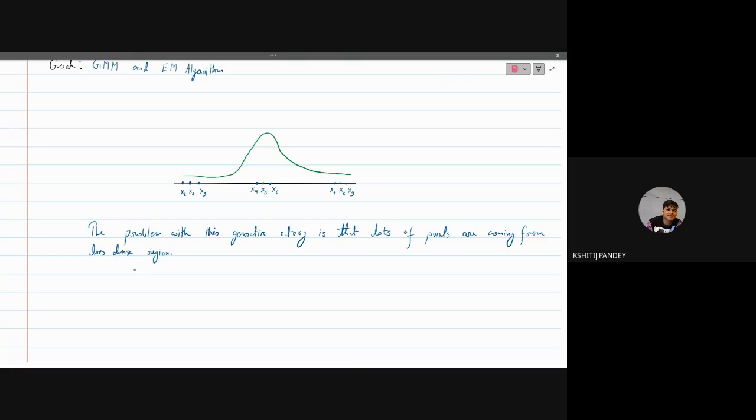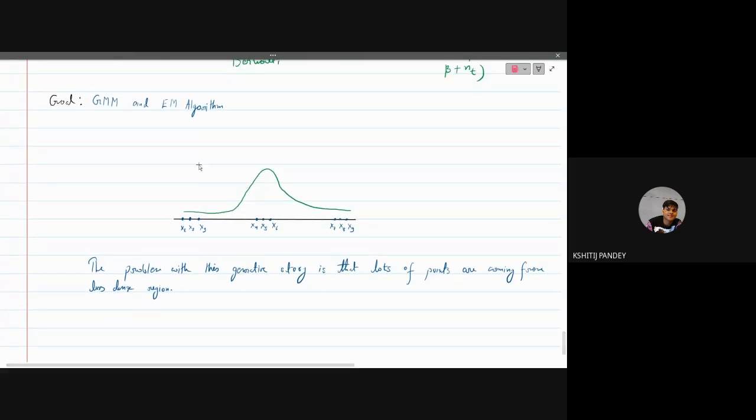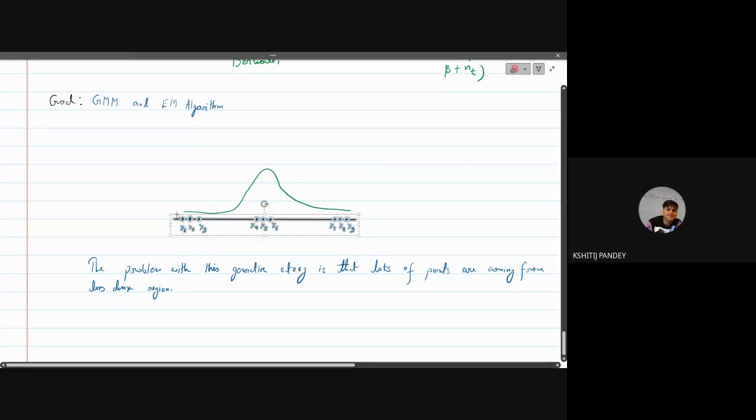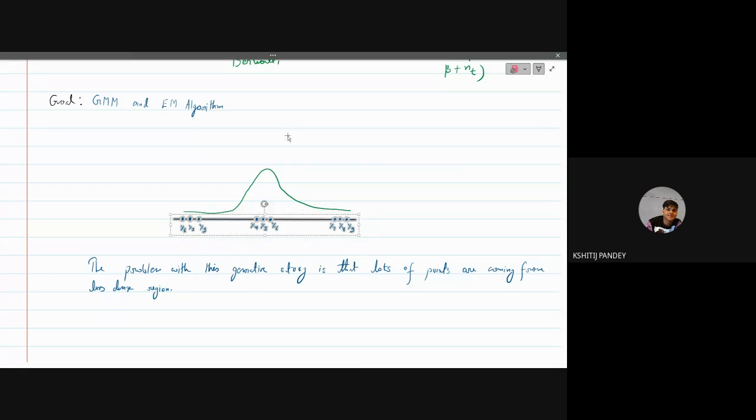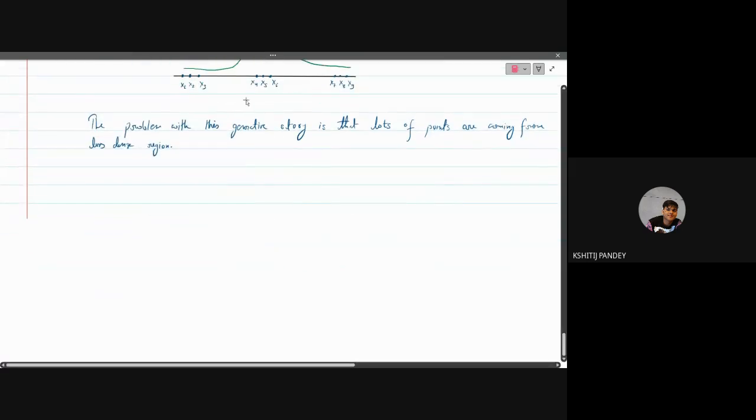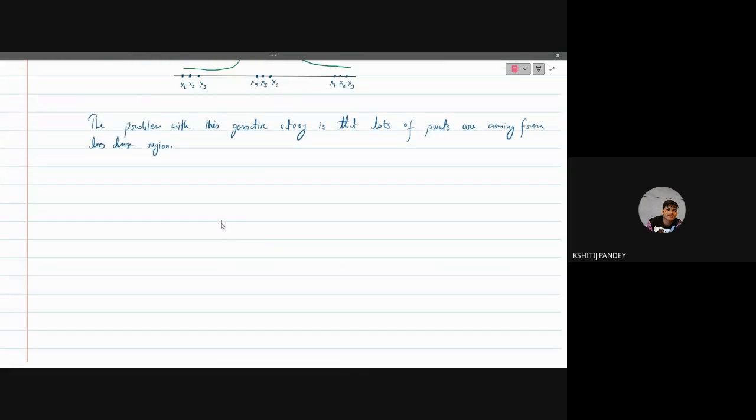So what could be a possible solution? We want a probability distribution which has multiple peaks. To be specific, in this case, we want a probability distribution which has three peaks.